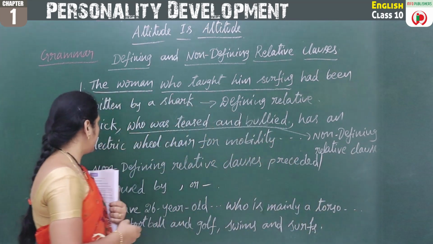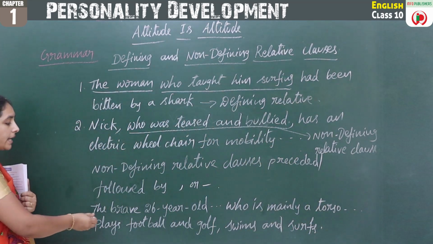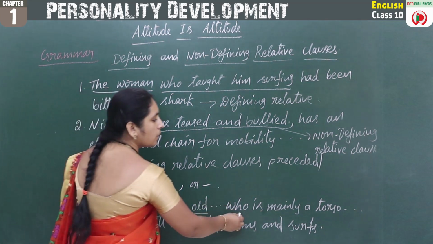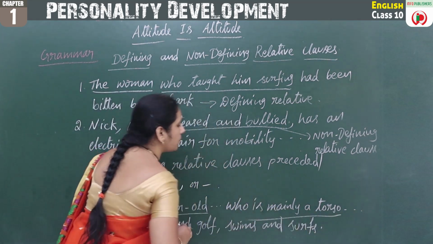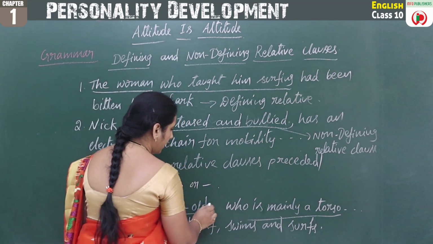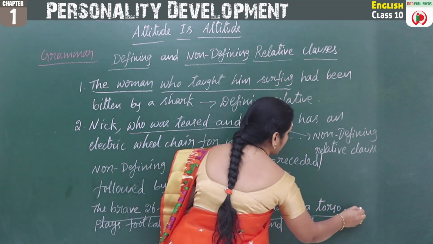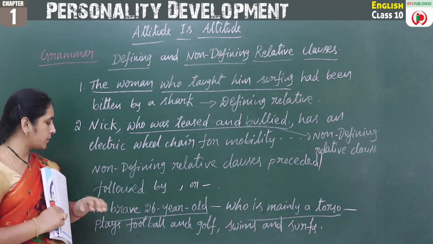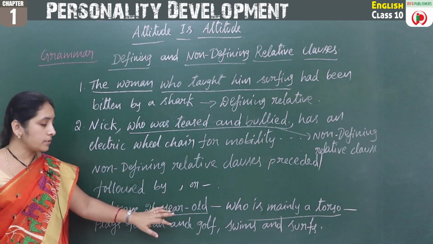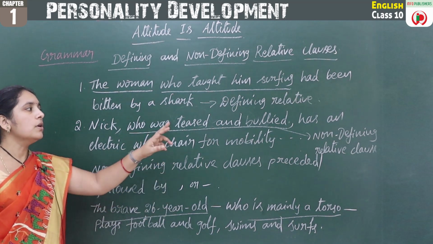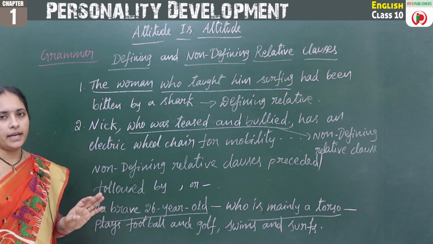So here you see, this is about a brave 26-year-old. What is he doing? Who is mainly a torso. So here there are hyphens actually: who is mainly a torso and plays football and golf. The brave 26-year-old, this is age, we write it like this, with hyphens. This is not related to defining or non-defining.